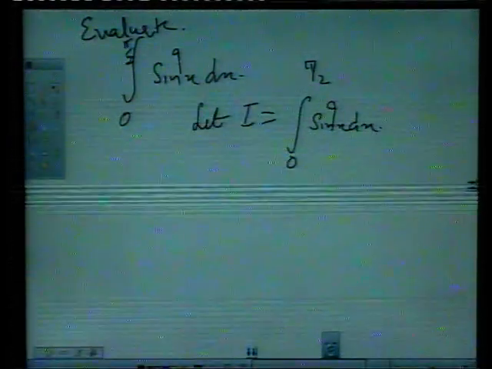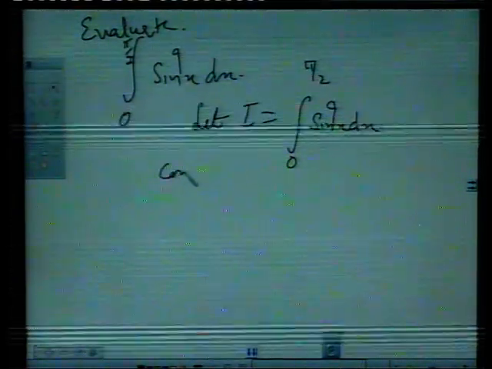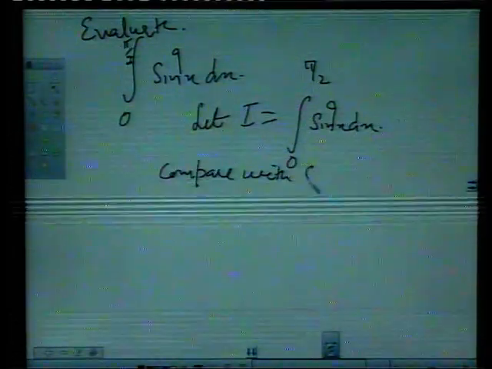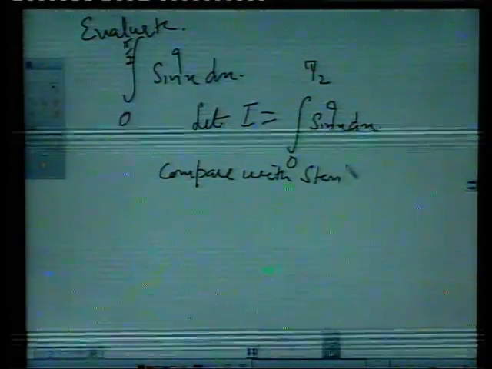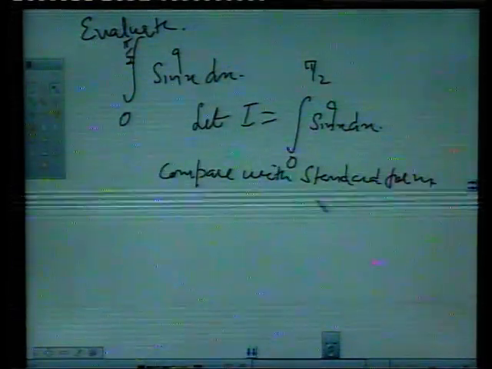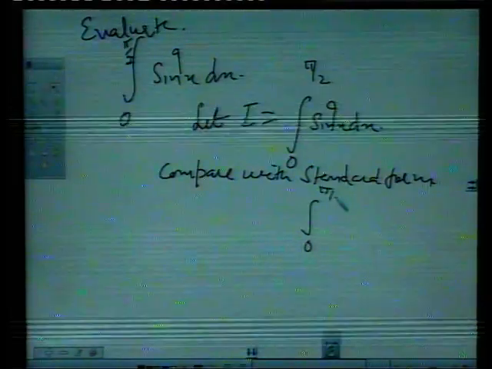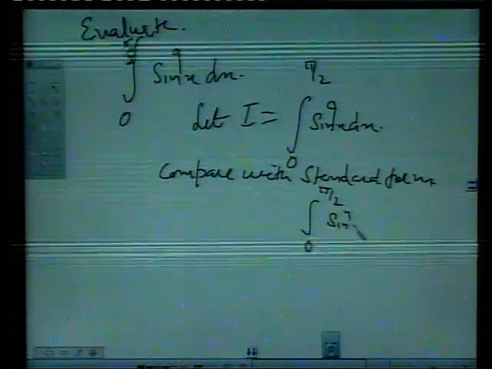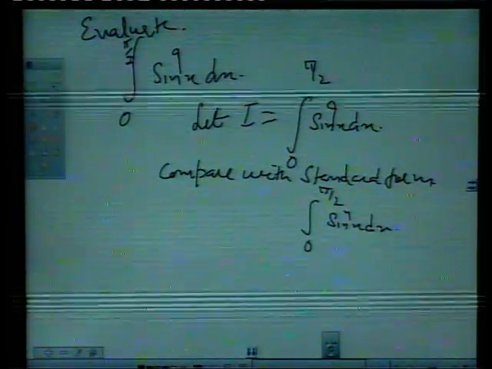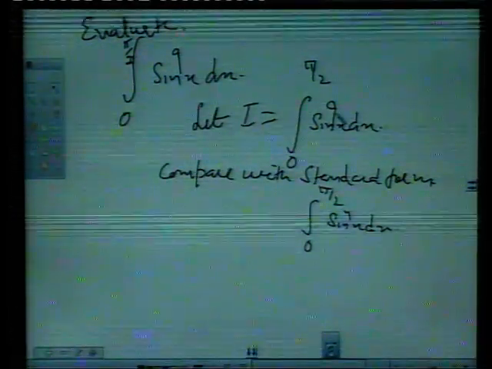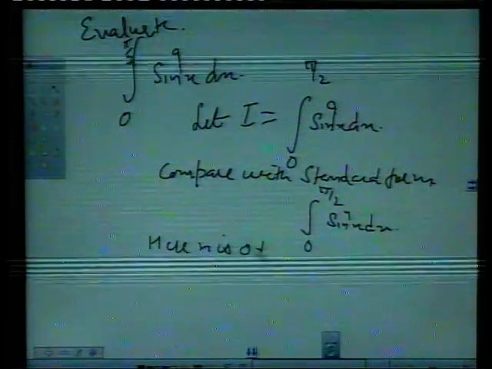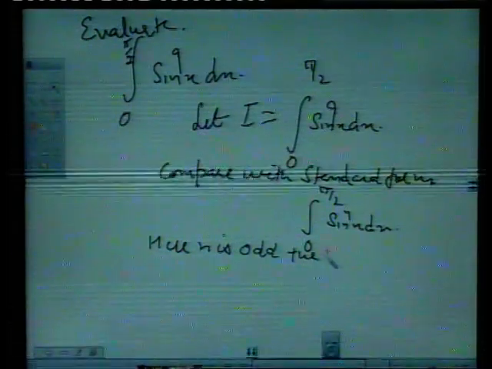Now, compare with the standard form 0 to pi by 2 sine raised to power n x dx. Here n is an odd positive integer.